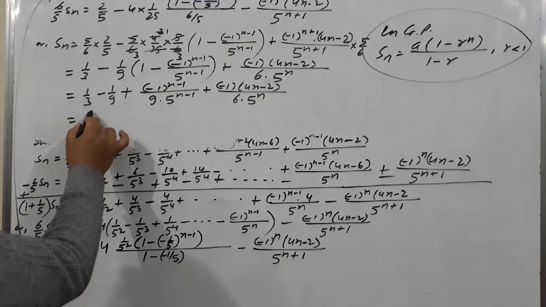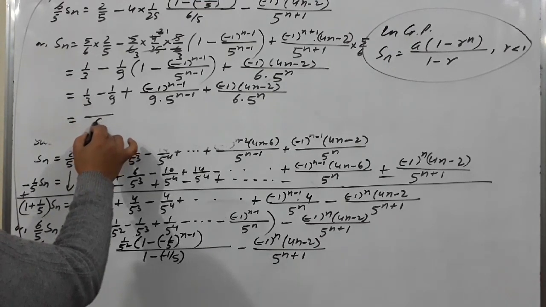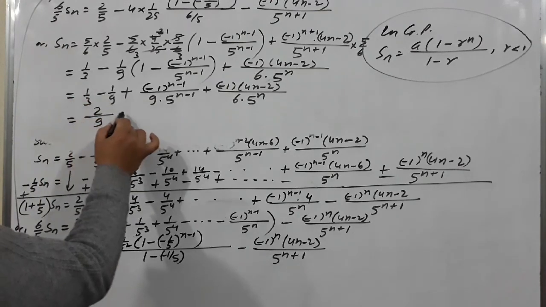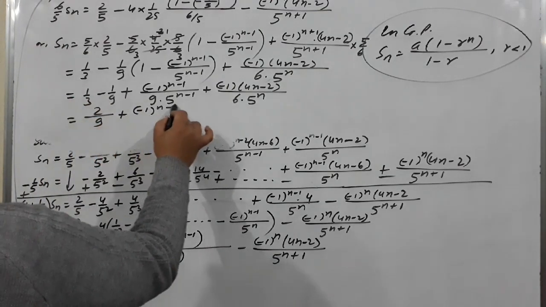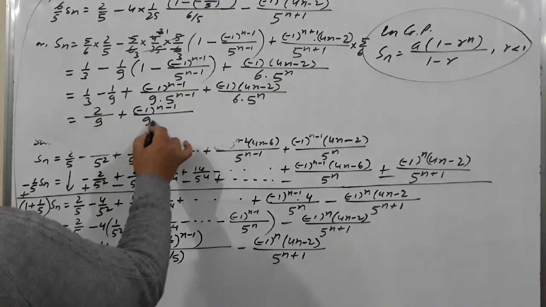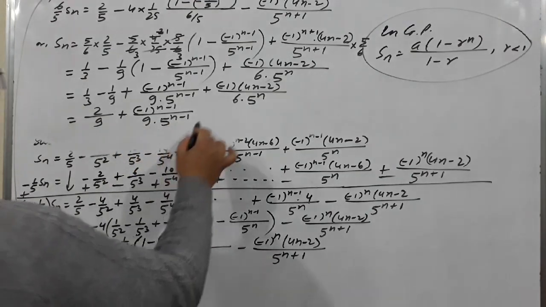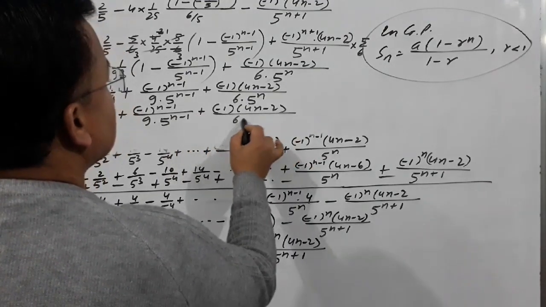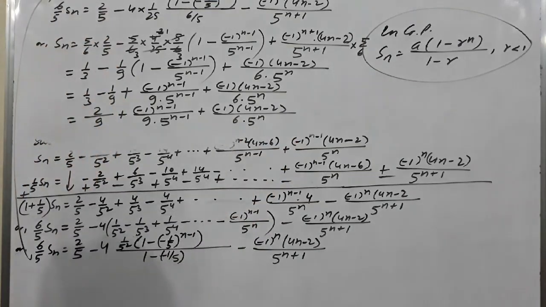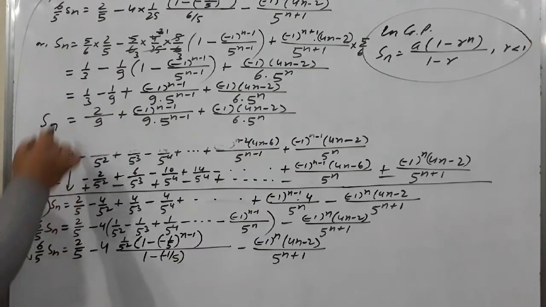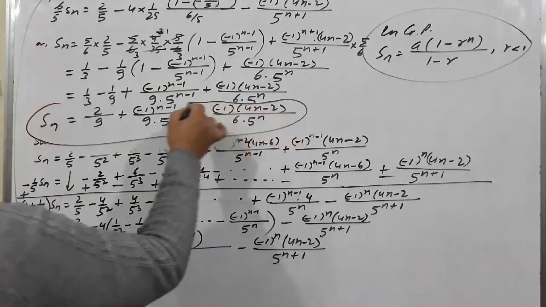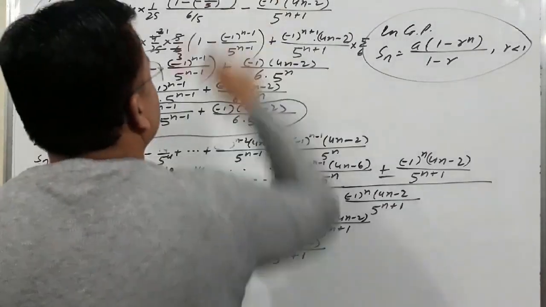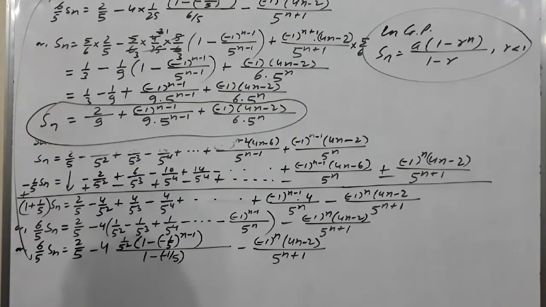So now here the LCM is 9. 3 minus 1 is 2 by 9 plus minus 1 raised to power n minus 1 over 9 times 5 raised to power n minus 1 plus minus 1 times 4n minus 2 over 6 times 5 raised to power n. This is the sum to n terms of this series.